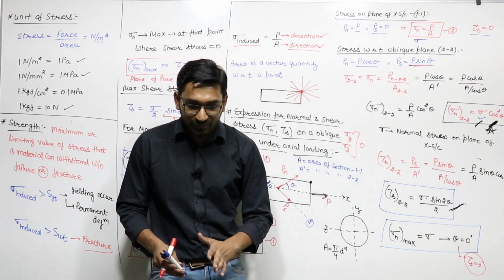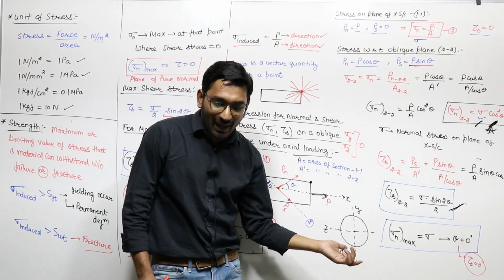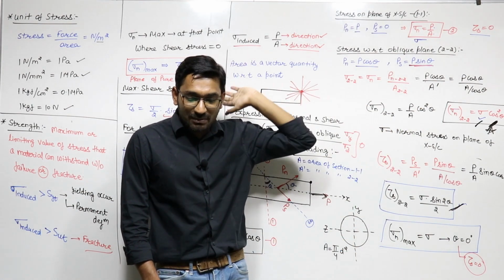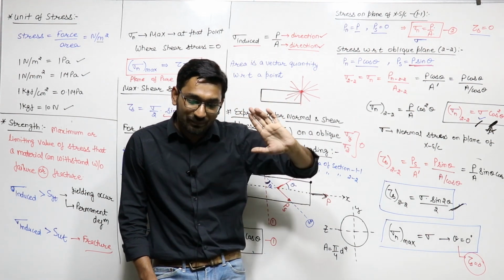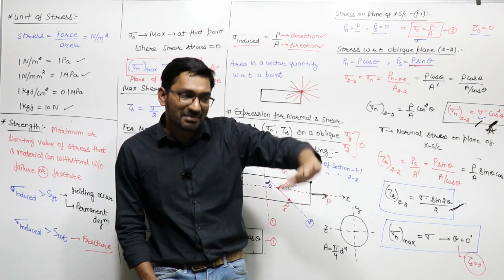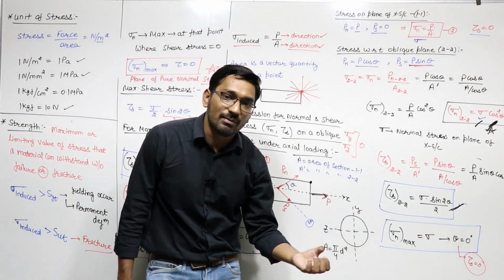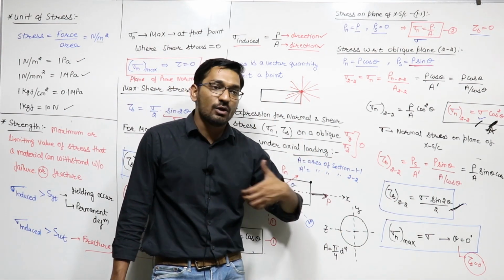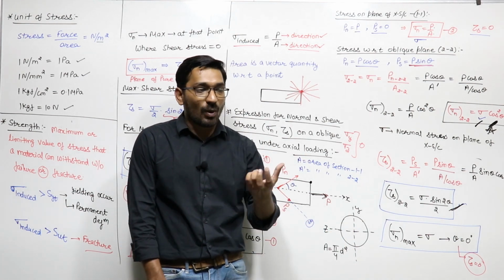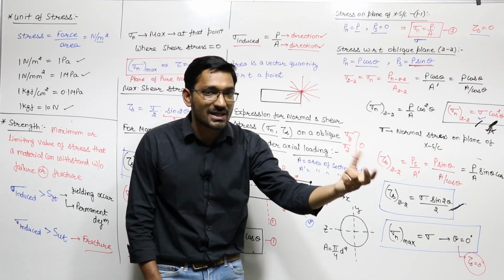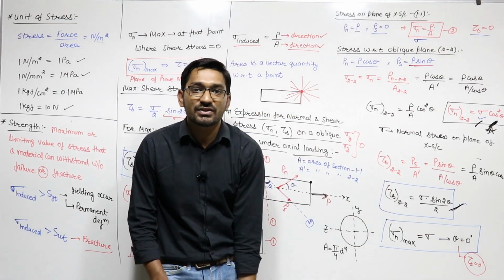That's it. We can also determine what is the maximum normal stress and maximum shear stress, and these can be helpful in your design condition. When you want to design, then you need what is the maximum stress developed, what is the maximum normal stress, what is the maximum shear stress developed.